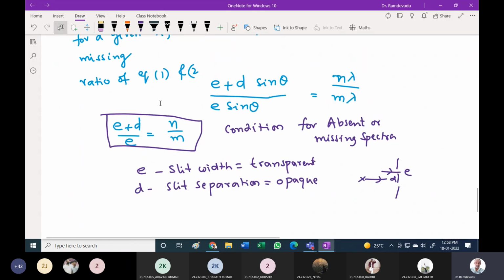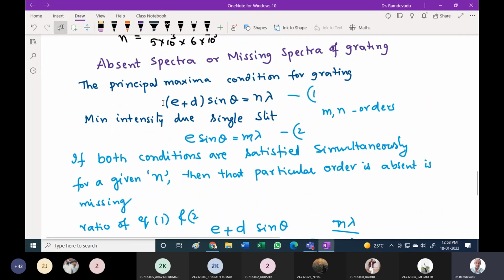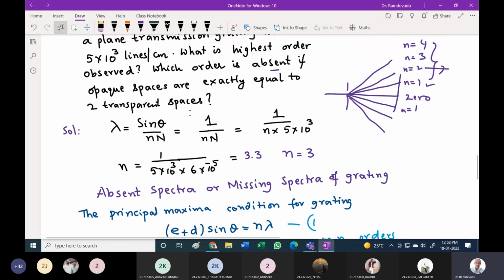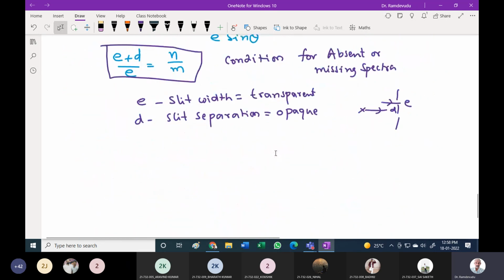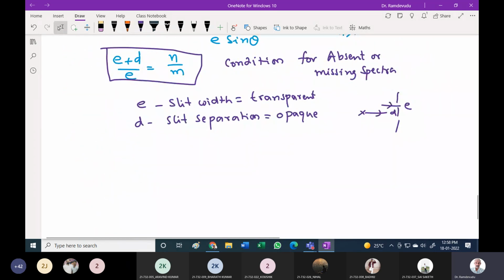In the problem, the condition is that the opaque space d is exactly equal to two transparent places, d equal to 2e.